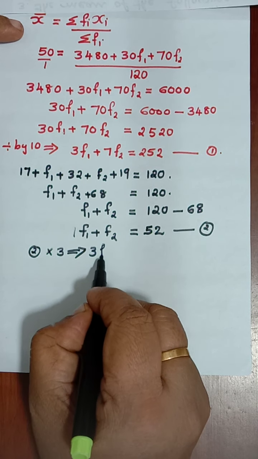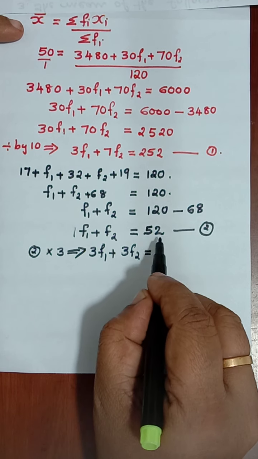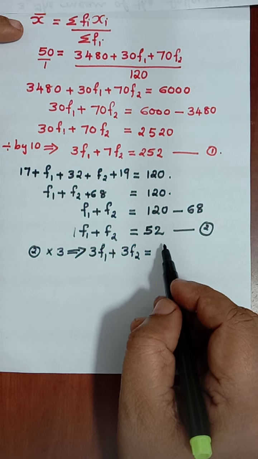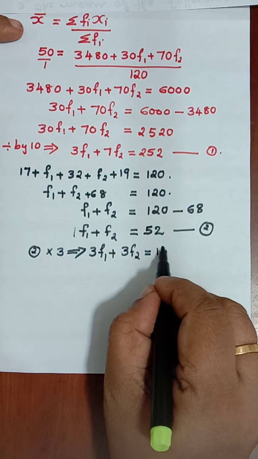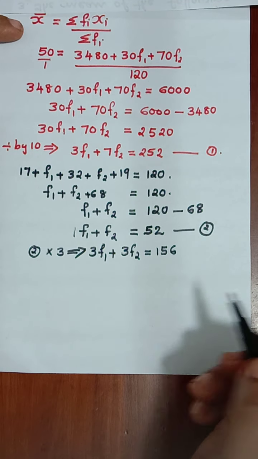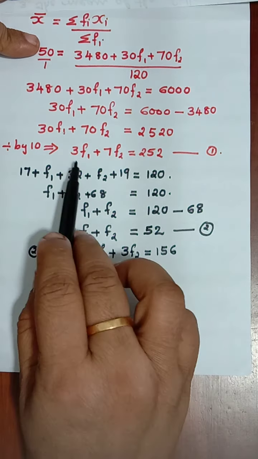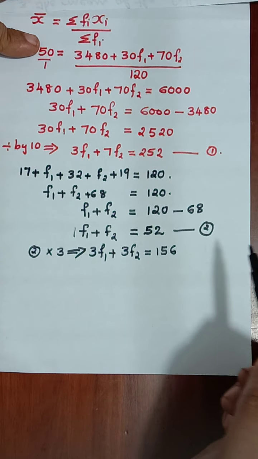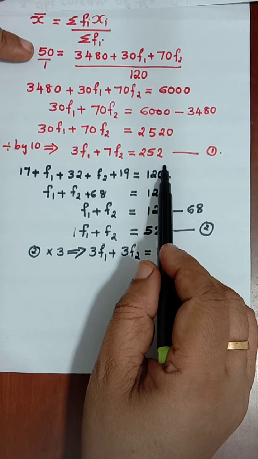So it becomes 3F1 plus 3F2 is equal to 3 into 52. What is 3 into 52? That is 156. Okay, 156 we are getting. So next the other equation, first equation is 3F1 plus 7F2 equal to 252.